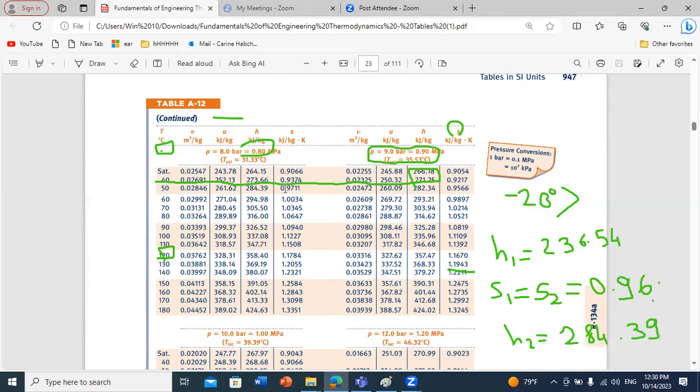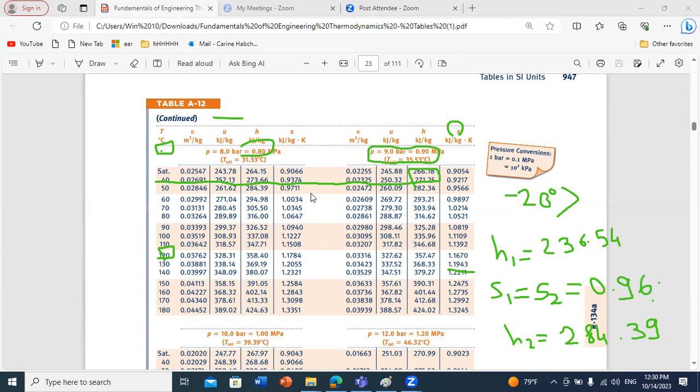So 0.96 is smaller than 50, as you can check. It's between 40 and 50, and you can get this temperature by doing interpolation. So if the temperature is 50, this means that I have some entropy generation, and that's why I have a larger value of S, which is 0.97.